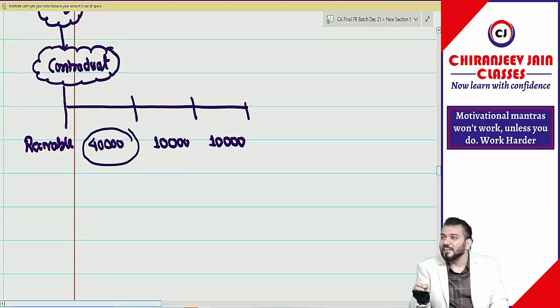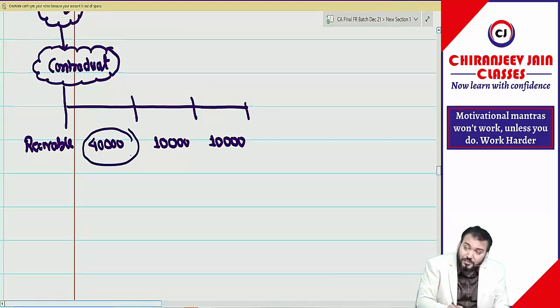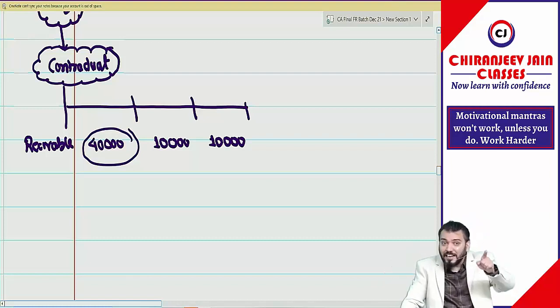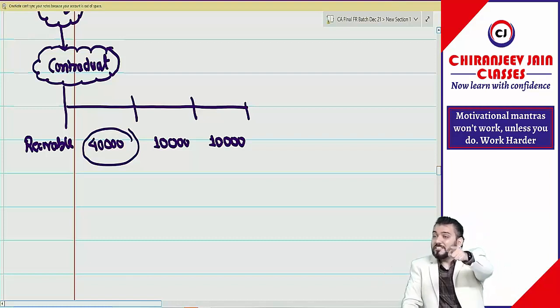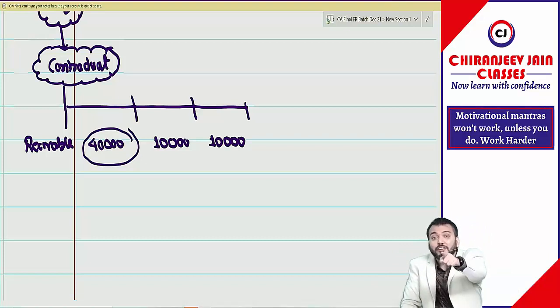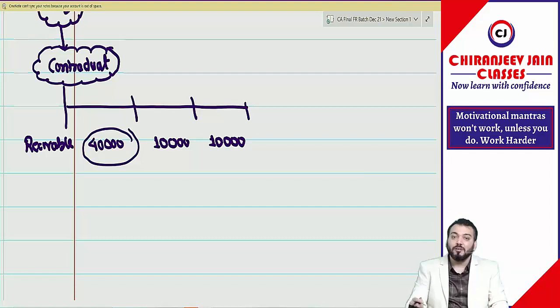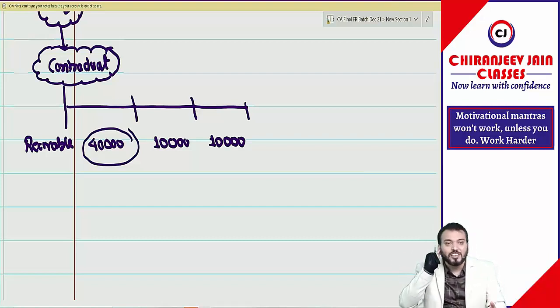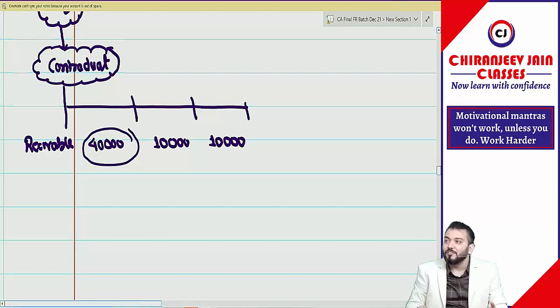If this 40,000 is not received, then also it will be recognized on an accrual basis. That I am saying. This 40,000 will be recognized on the accrual concept even though not received. You have misunderstood me. When I did the recognition criteria, I never said that what is not due can be recognized on an accrual basis.